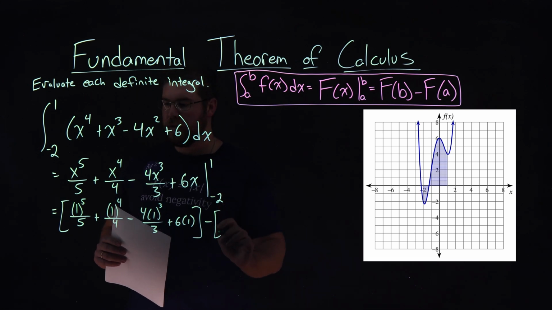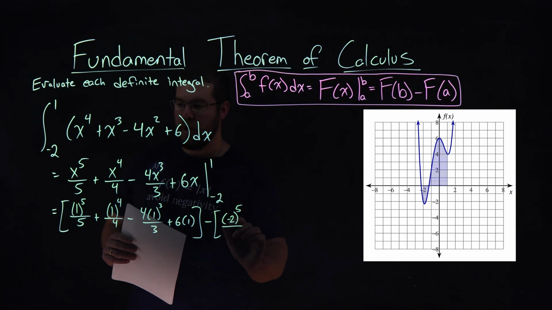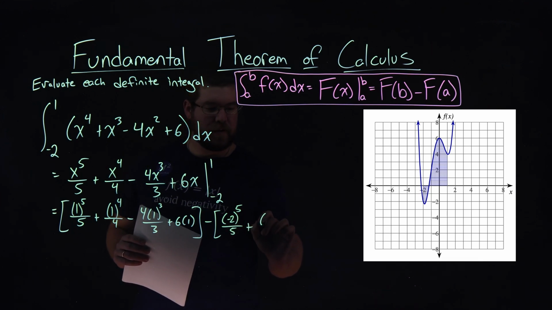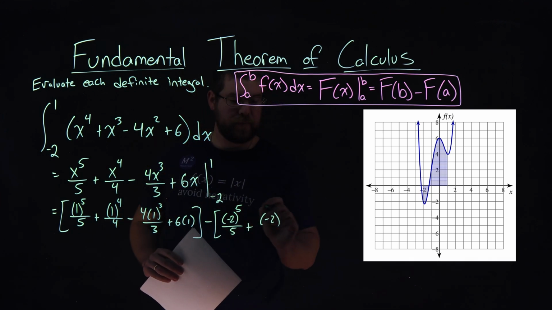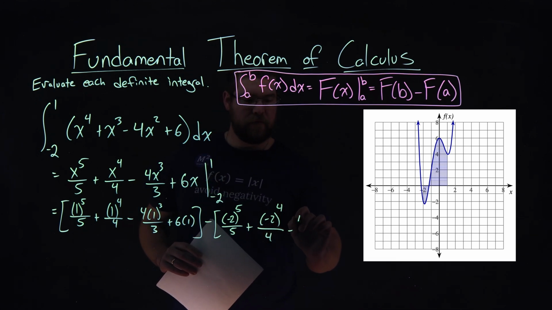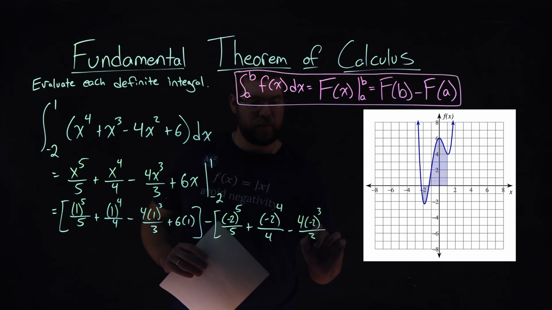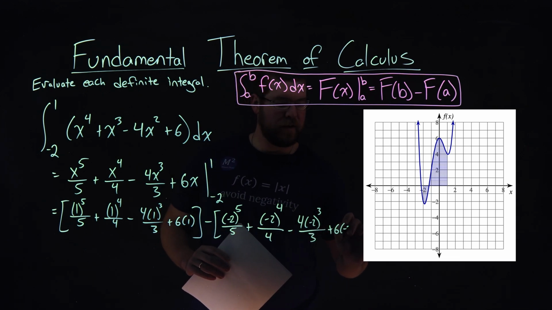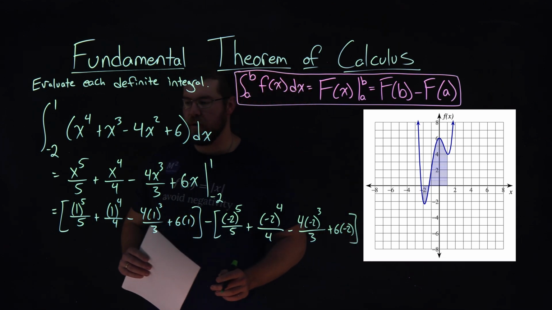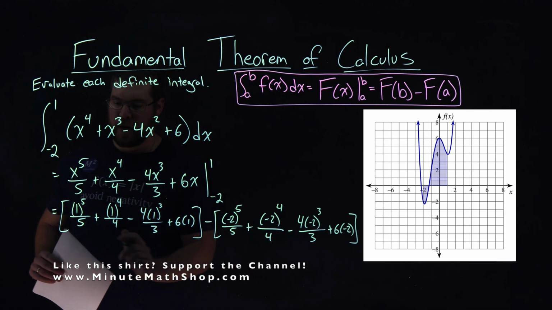So we have -2 to the fifth power over 5 plus -2 to the fourth power over 4 minus 4 times -2 to the third power over 3 plus 6 times -2. That's a long one. And again, this is my f of b and this is my f of a.